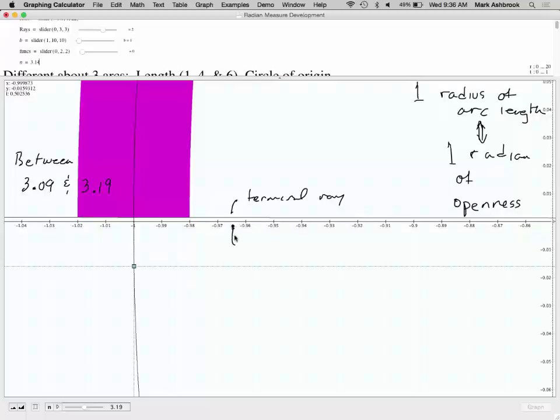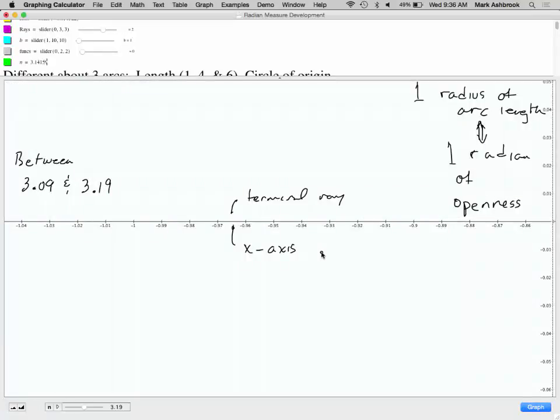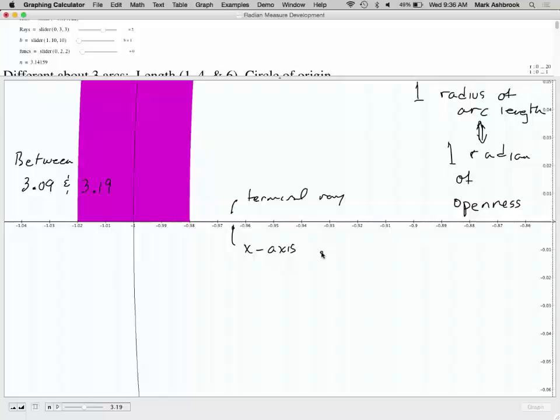And then this is the x-axis, which represents halfway around. More or less than 3.14 to get halfway around? We need a little bit more than 3.14. So what should it be? 3.14159. So at this view, that looks really, really close. So we could keep zooming in, and this is very, very close.